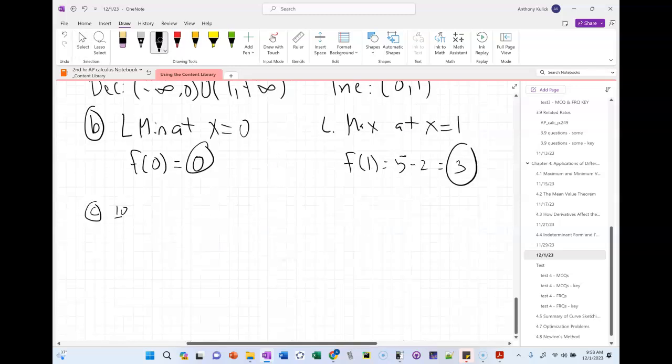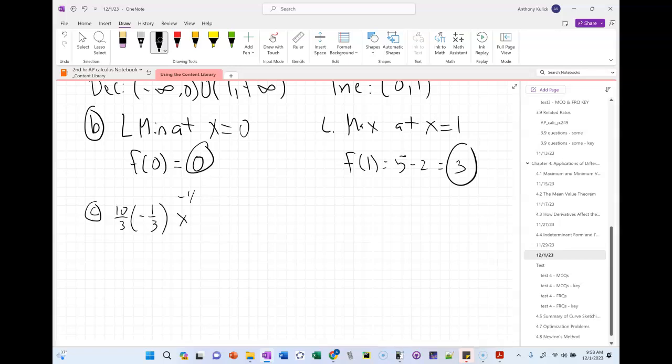When I do that, I get 10/3 times negative 1/3 x to the negative 1/3 minus 1, minus 10/3 times 2/3 x to the 2/3 minus 1. Or what I have is negative 10/9 x to the negative 4/3 minus 20/9 x to the negative 1/3.